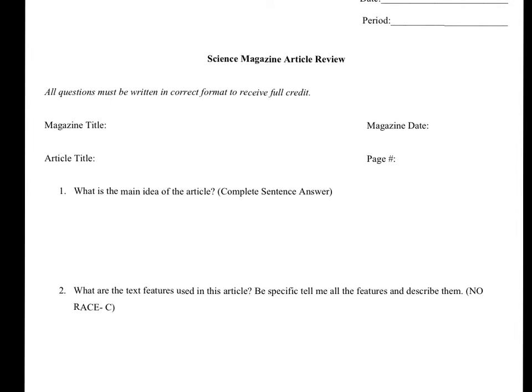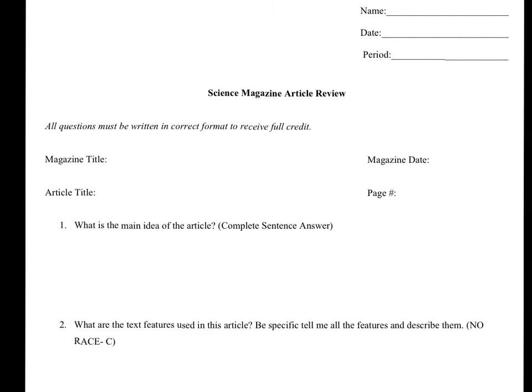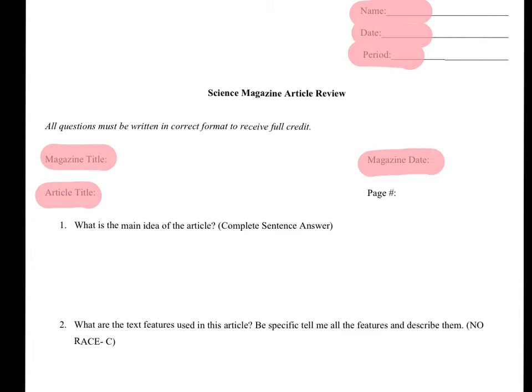What you will need to do is fill out not only your name, the date, and the period, but also the magazine title, the article title, the magazine date, that generally is a month and a year, and then the page number, if that applies. If you are getting it off of SciTech Daily, it will not have a page number, but Scholastic will always have a page number, and I would like to know the page number that you are reading from.